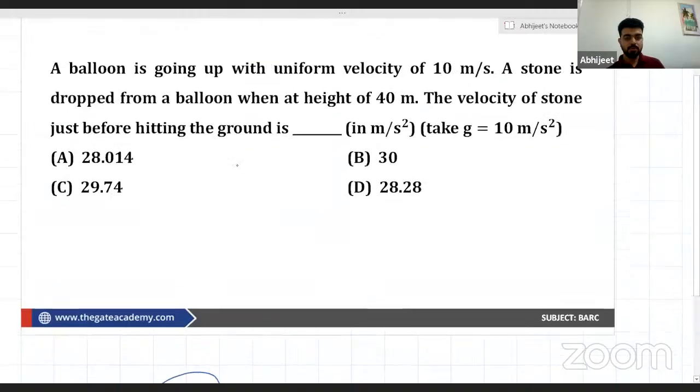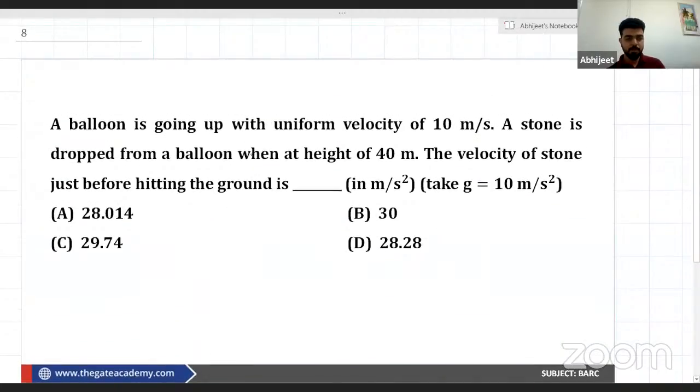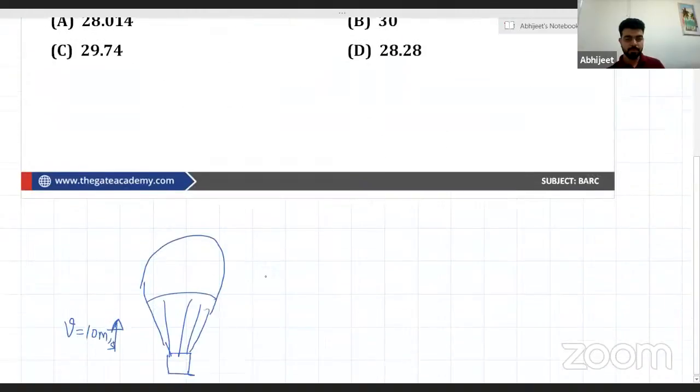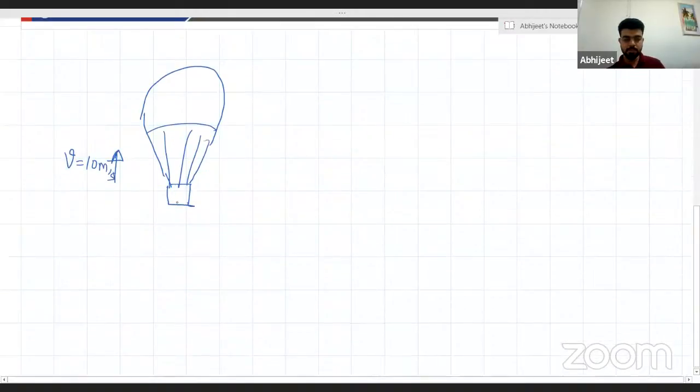Now a stone is dropped from the balloon when it is at a height of 4 meter. When the balloon is at the height of 4 meter, a stone is thrown from here.